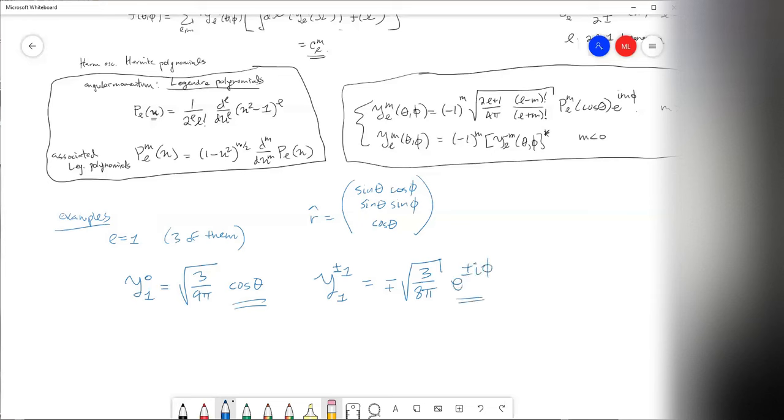Again, it's this i phi that's important, always e to the i m phi. The other part is sine theta, and you see these are just combinations of cosine and sine phi.